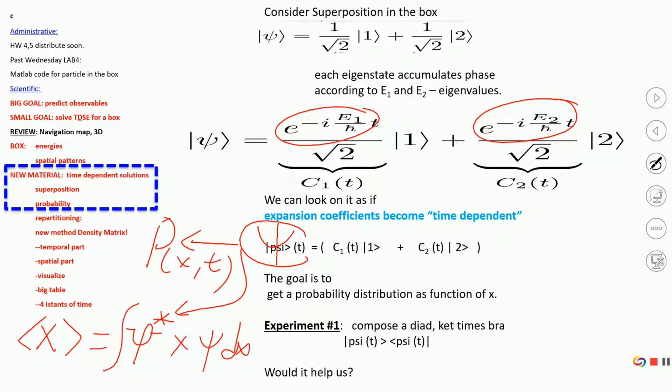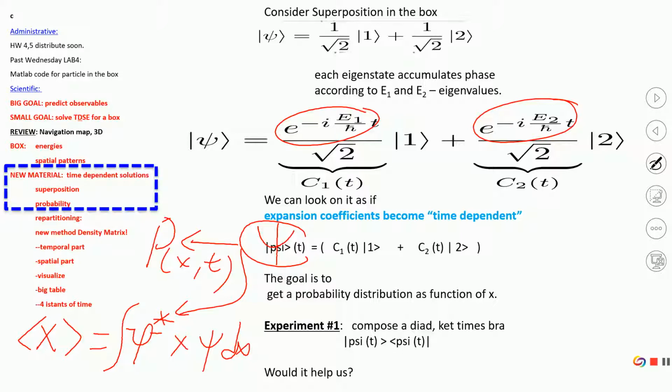Now let's look at it from a little bit different aspect. What if we combine this initial expansion coefficient and phase accumulation into a time-dependent expansion coefficient?